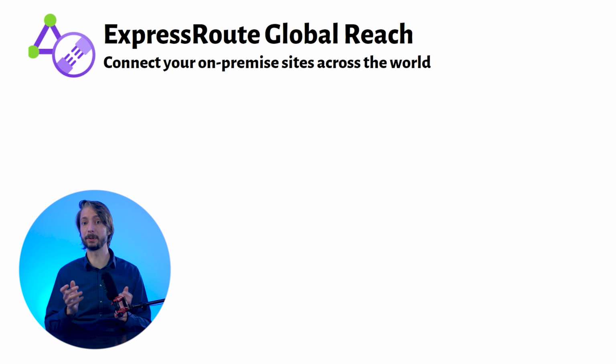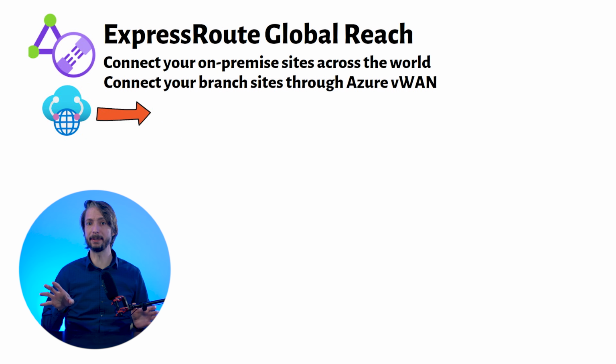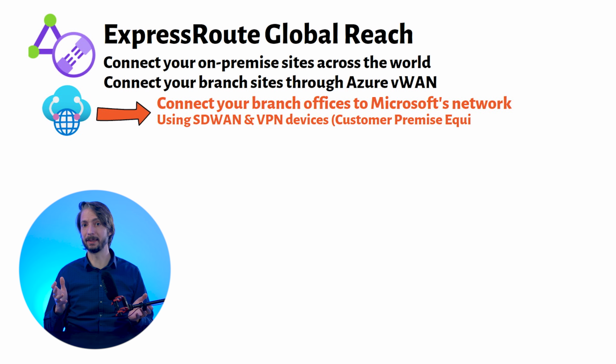Expanding your network in the cloud WAN to encompass a large number of branch sites can be accomplished through Azure Virtual WAN. This brings the ability to seamlessly connect your branches to the Microsoft Global Network with SD-WAN and VPN devices, that is customer premises equipment, also known as CPE.